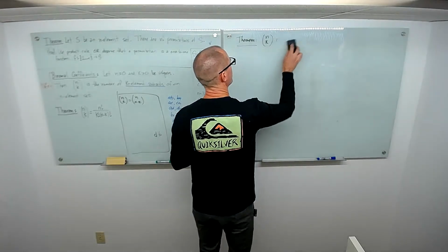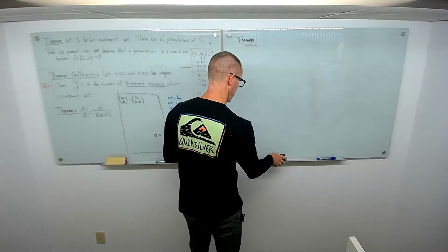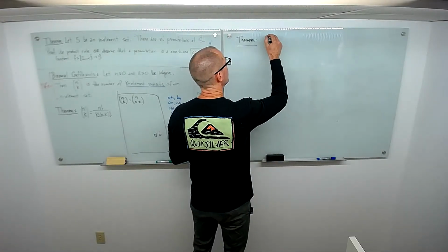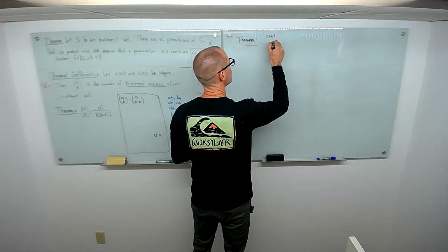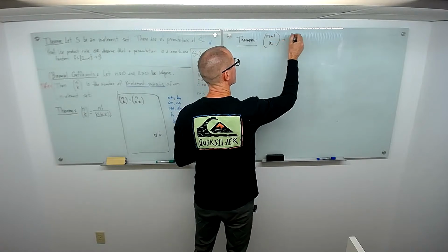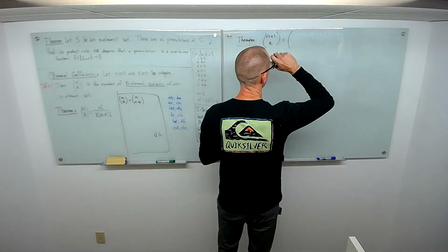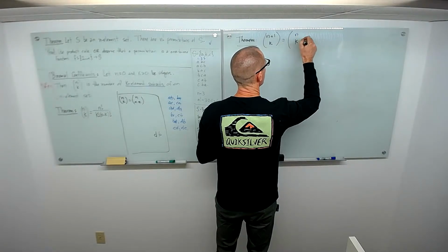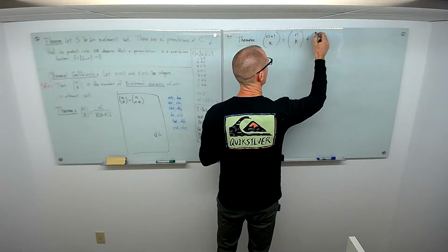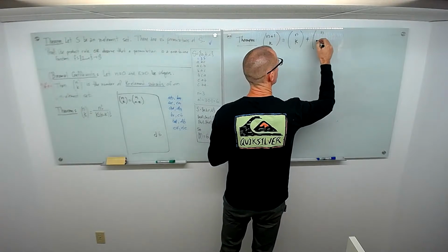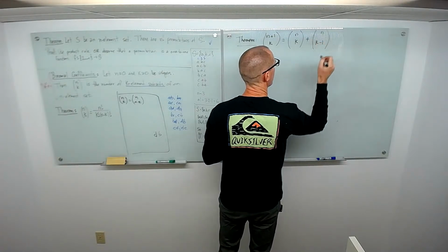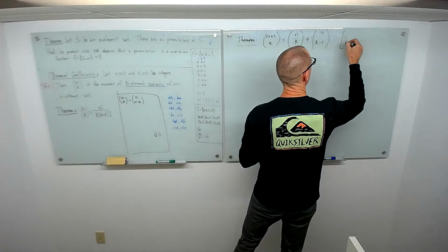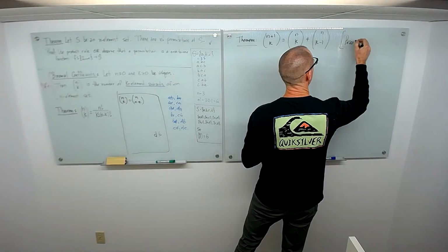Here's another nice binomial identity that says n plus 1 choose k is equal to n choose k plus n choose k minus 1. And this thing is called Pascal's identity.